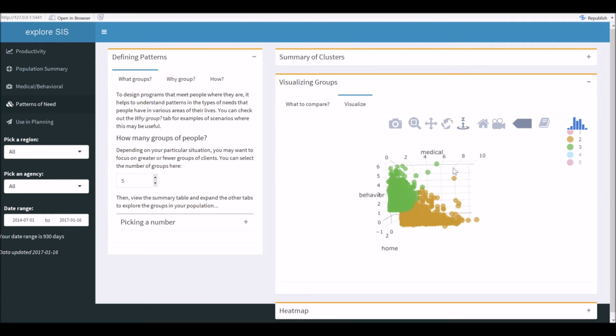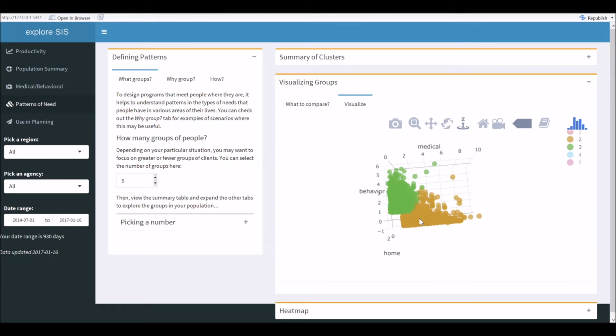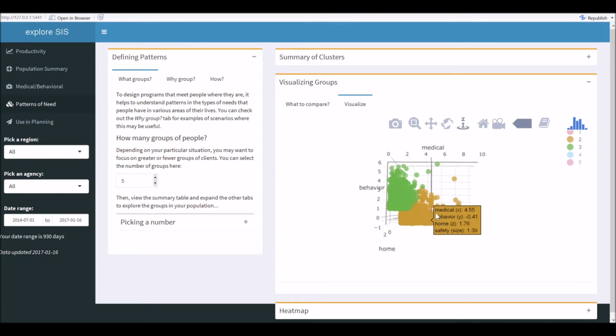We can see the medical needs, which fall along this axis over here. So this is group 2 right here, right? This brownish, yellowish color. I don't know, is that goldenrod? I'm not sure what that is. That color depicts the individuals who were in that high medical needs group.